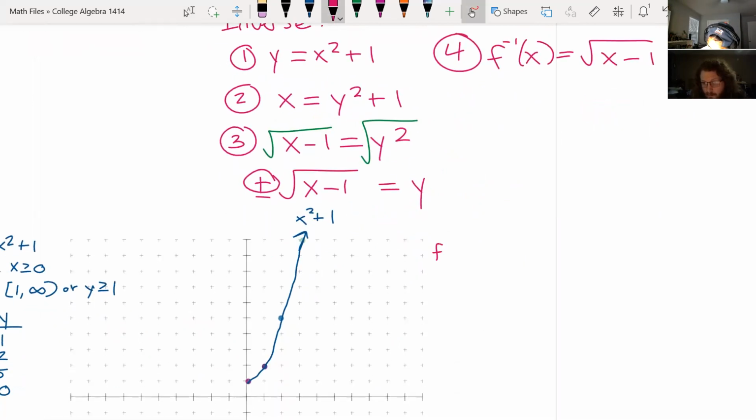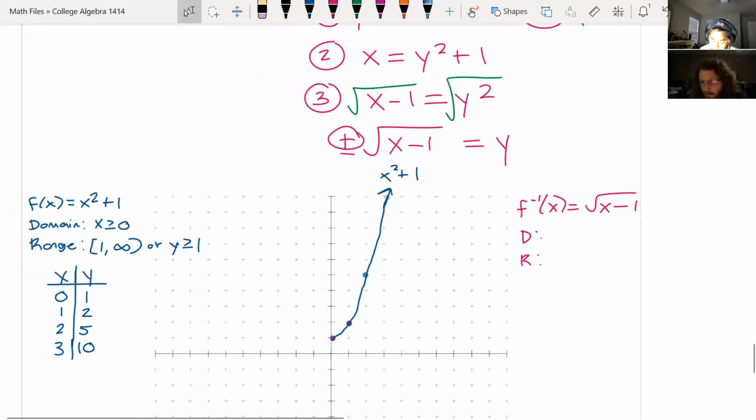So I'll put this here. F inverse of x equals the square root of x minus 1. Here's domain. Here's range. What is the domain of this function?